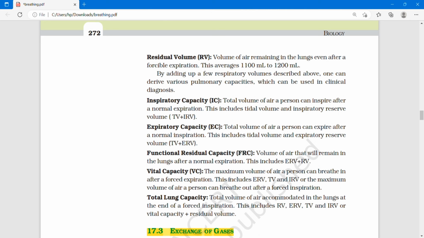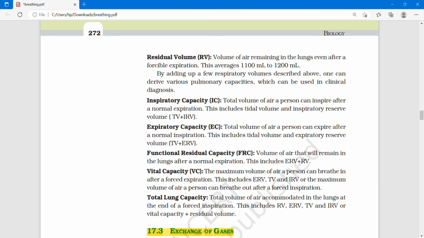By adding up a few respiratory volumes described above, one can derive various pulmonary capacities which can be used in clinical diagnosis. Inspiratory capacity, that is IC. Total volume of air a person can inspire after a normal expiration. This includes tidal volume and inspiratory reserve volume, that is TV plus IRV. Expiratory capacity, that is EC.